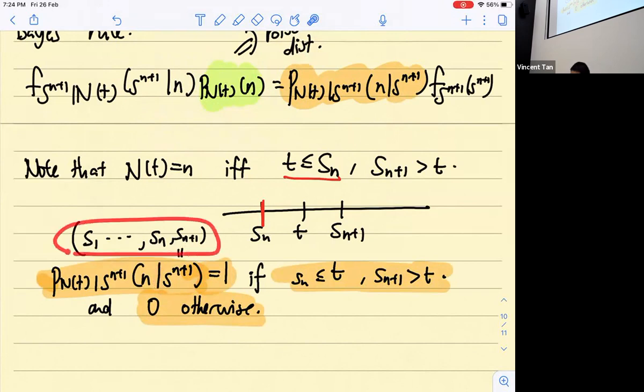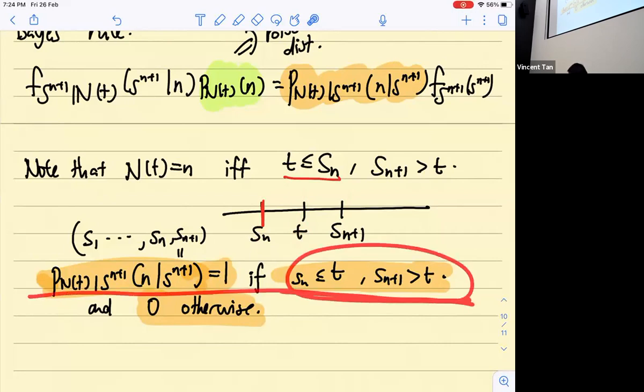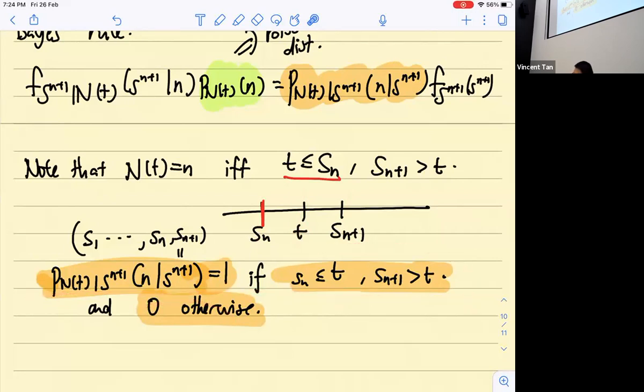We are fixed to this sequence here. When is this feasible? When is this logical? When is this possible? It is possible if at time t, we have n arrivals. At time t, having n arrivals means that Sn must be less than or equal to t, and Sn plus 1 must be bigger than t. So this is equal to 1 only under this situation. Otherwise, it's not possible, 0.